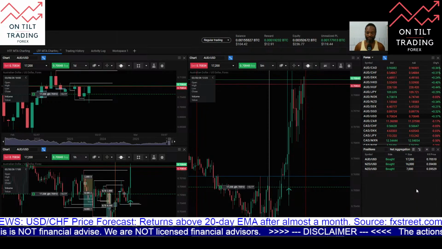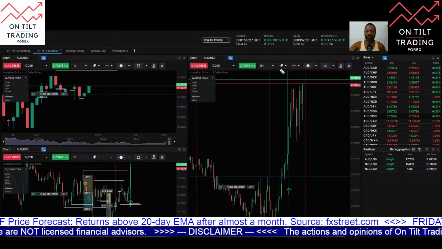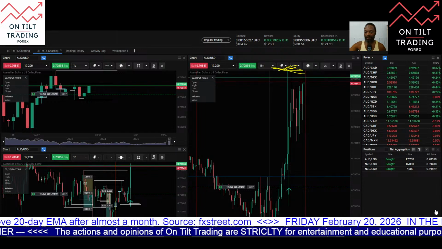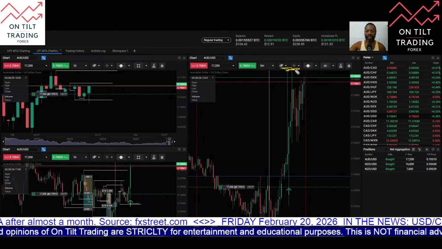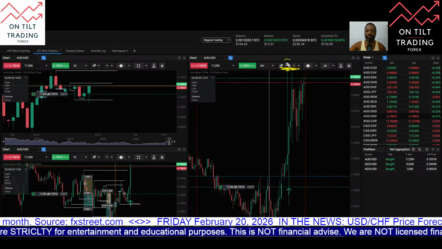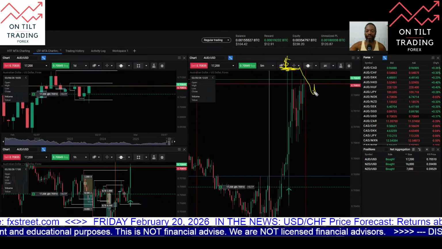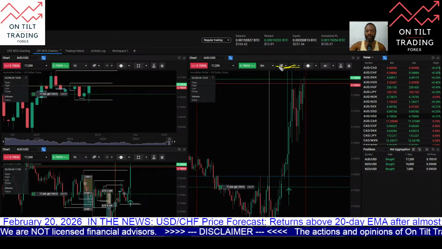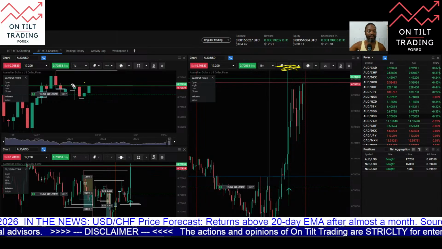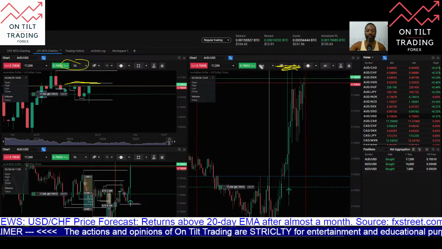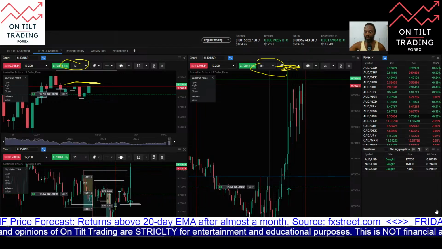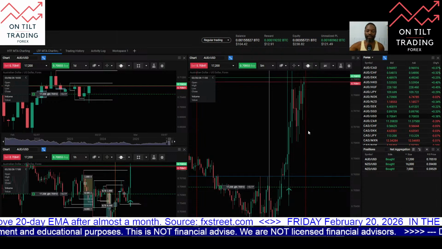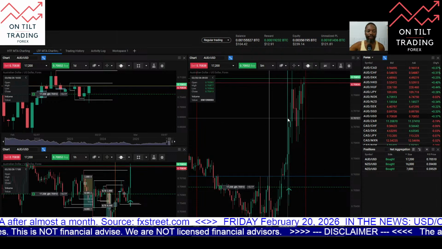So price could fail to reach these relatively equal highs here, but based on how I read price action, the probabilities would be higher that price would sweep out this buy side liquidity before returning back to the sell side. So this area here in price, also this area here on the daily and 5-minute, is an important area. When price gets in and around that area, I'm likely going to take some profit off here.